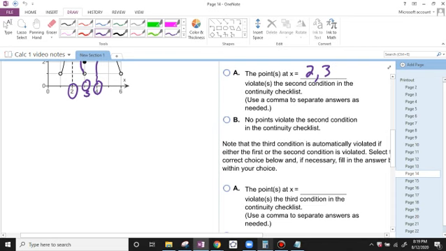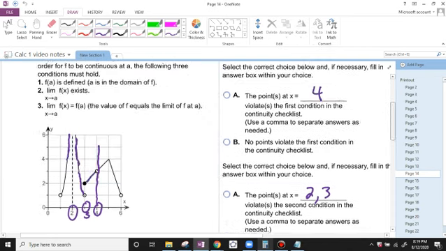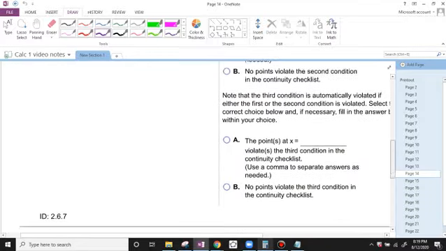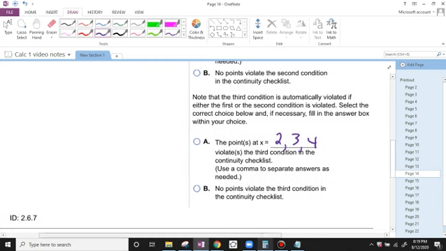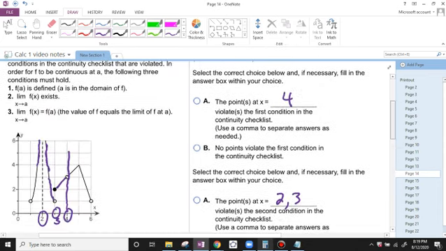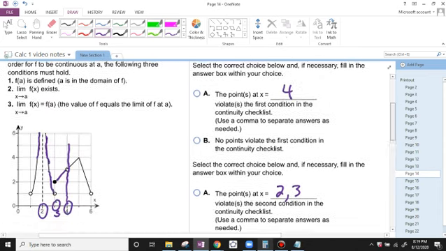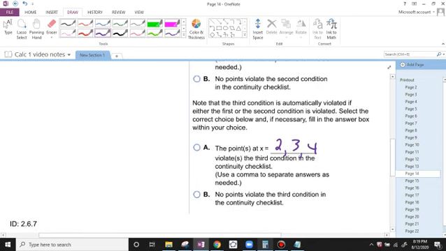So we would put in everything from the first and the second condition. So 2, 3, and 4. Right, because the limit doesn't exist for some of them. The value of the function isn't there for some of them. So it's just all of them together, 2, 3, and 4.